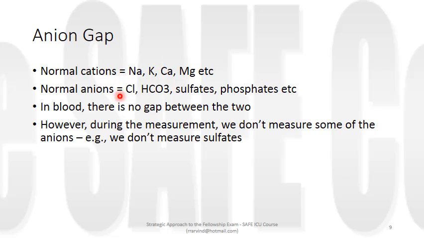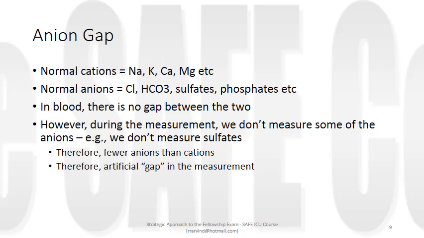We mainly measure the chloride and the bicarb. And that means that we measure more cations than we do anions. That results in fewer anions than cations in the measurement of the blood sample, and this therefore results in an artificial gap in the measurement, and this is called the anion gap. Okay.